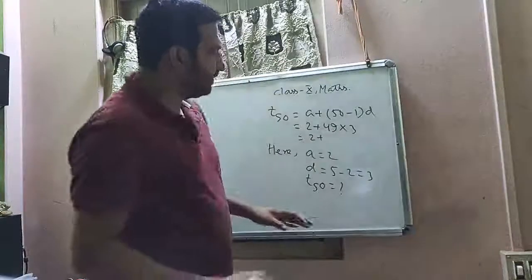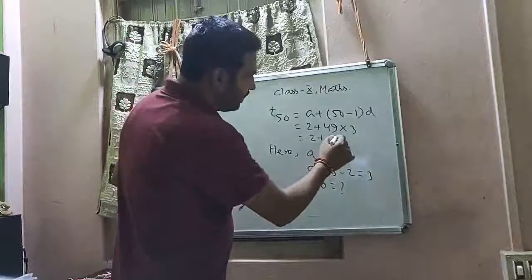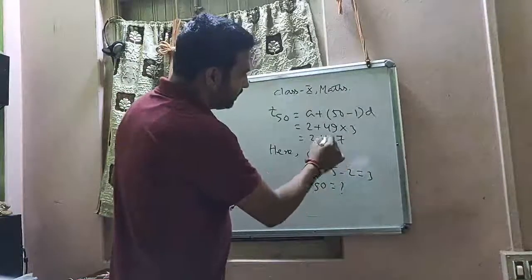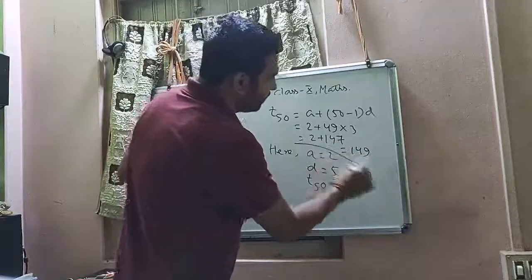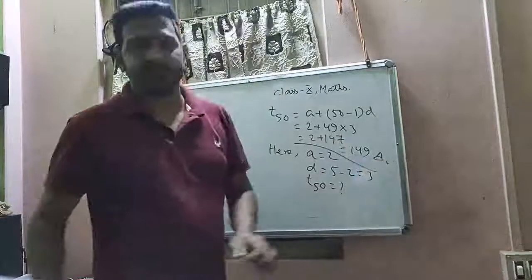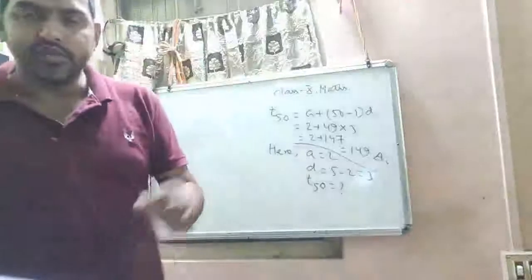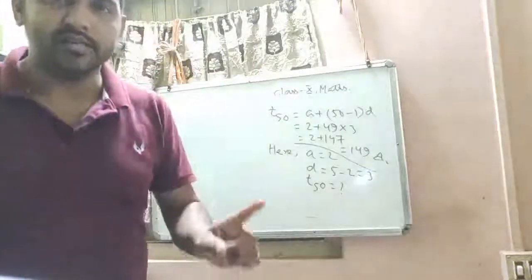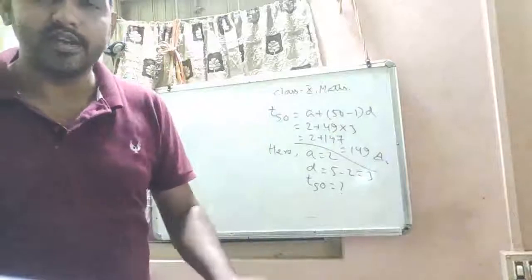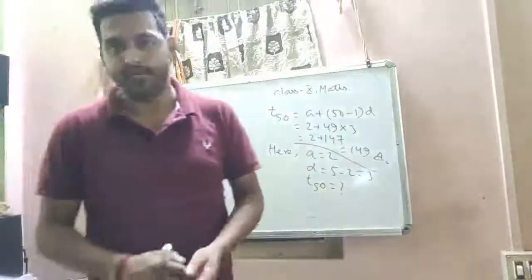So multiply, 147, that is equal to 149. So this is what the answer is. So this is the way we can find the nth term present in any series forming an AP.